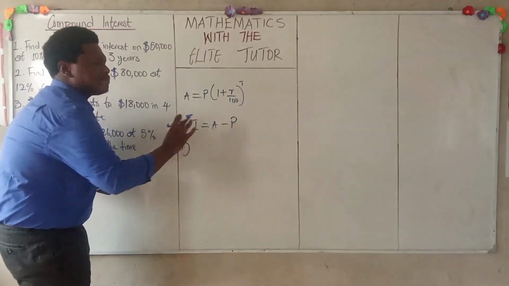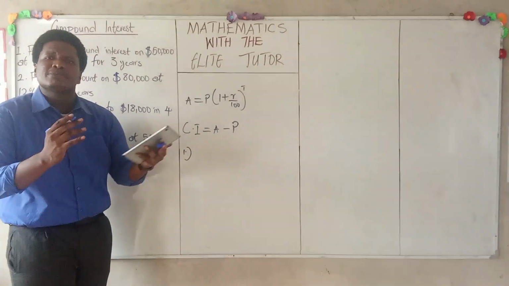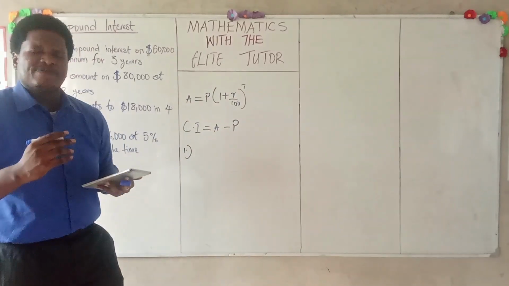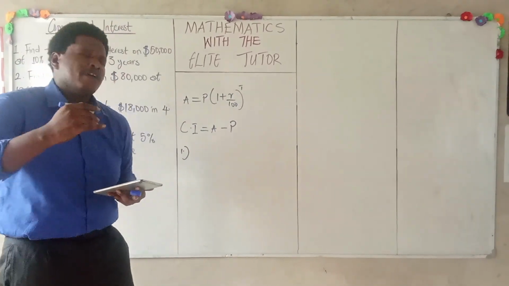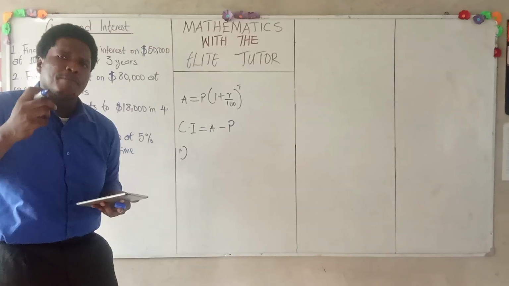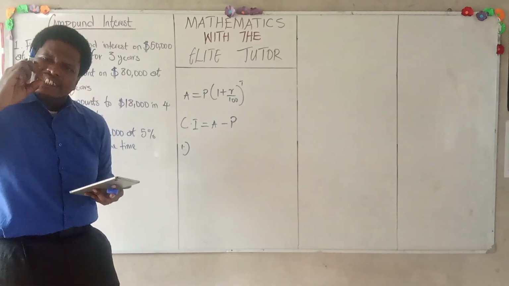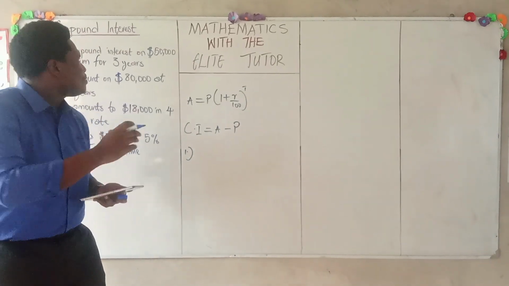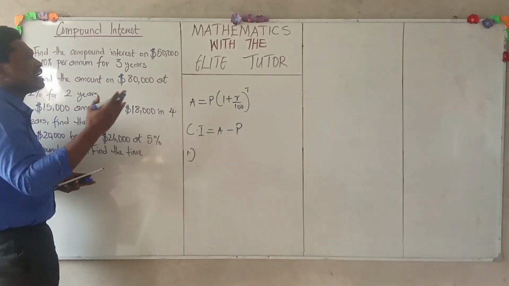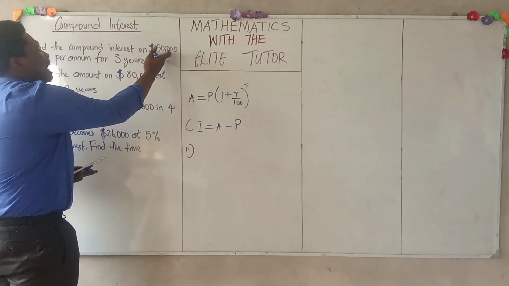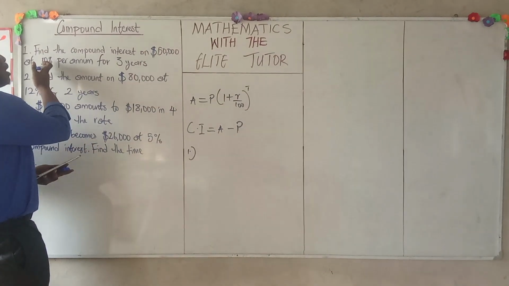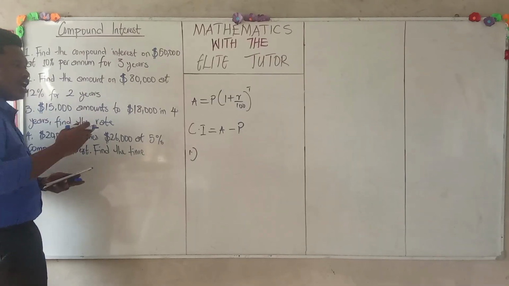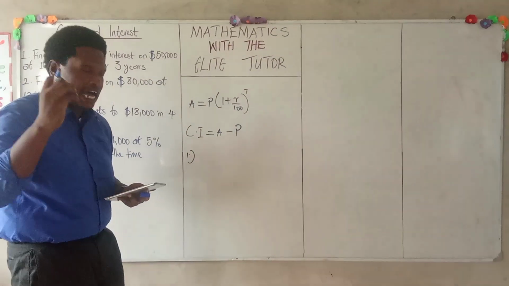Based on our formula for compound interest, amount minus principal, before we can ascertain our compound interest, we need to ascertain our amount. Because in this question, our principal is $50,000. We have our rate and we have the years. So we have to first of all ascertain the amount.